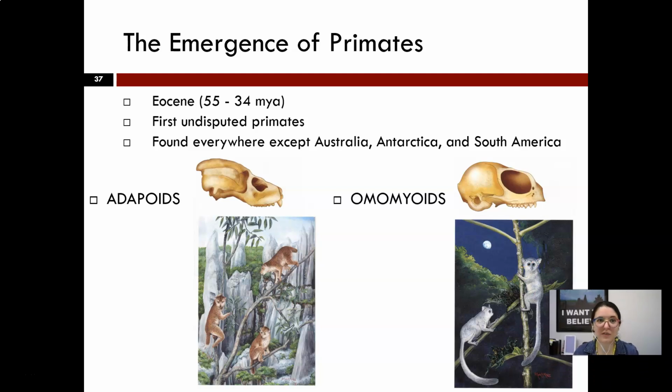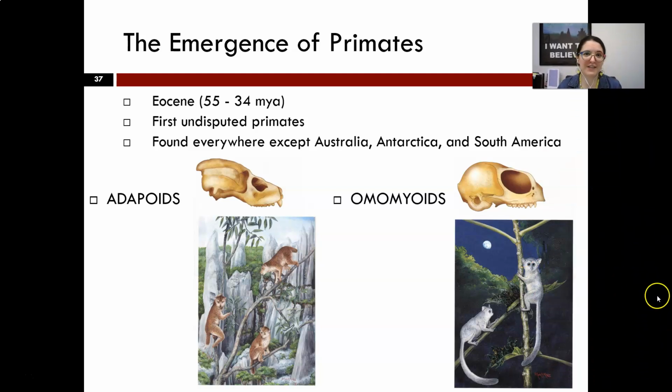In terms of the emergence of primates and what primates look like during the Eocene, so between 55 and 34 million years ago, we have two major groups, the adapoids and the omomyoids. And I apologize because, as you can tell, even I struggle with these different terms.